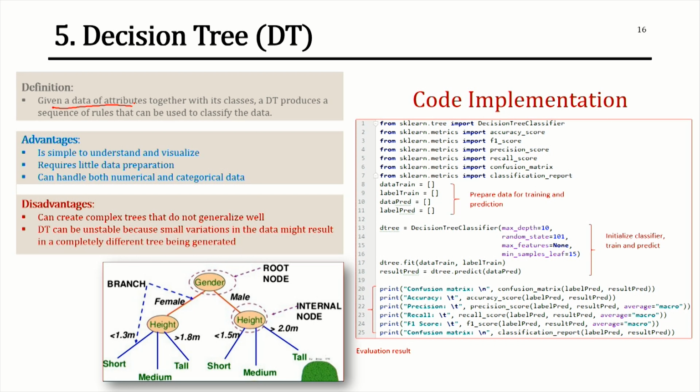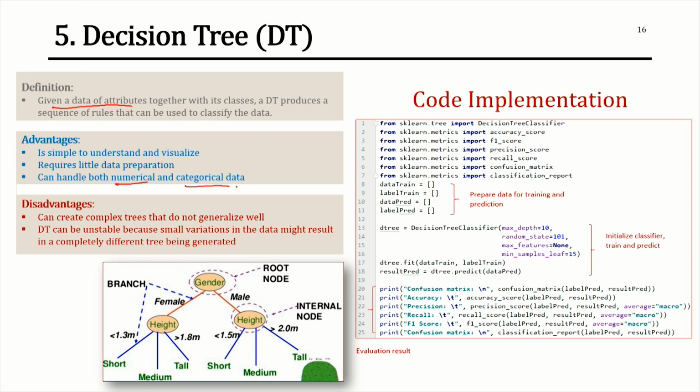So a decision tree is represented as a tree, and we need a number of rules in order for the tree to be executed. The advantages of using a decision tree are that it is simple to understand and visualize our representation of data, and it also requires little data preparation. And lastly, it can handle both numerical and categorical data.